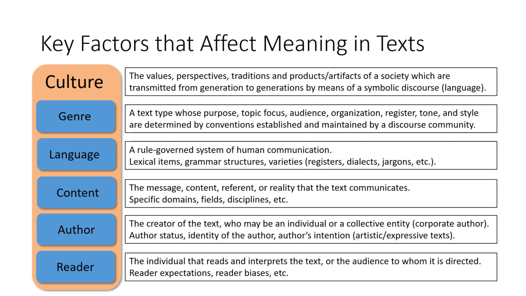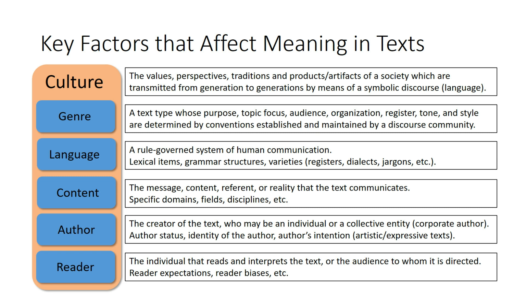Because meaning is so important, and we're going to refer to a lot of these factors that contribute to meaning in texts, I wanted to break down each one a little bit more. When we're talking about culture, we're referring to the values, perspectives, traditions, and the products or artifacts of a society that are transmitted from generation to generation by means of a symbolic discourse, which is language.